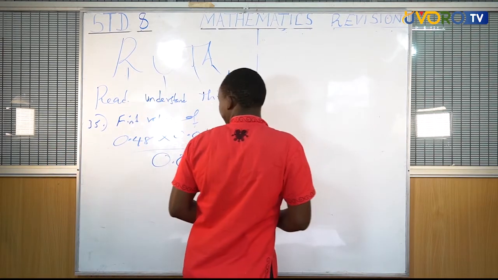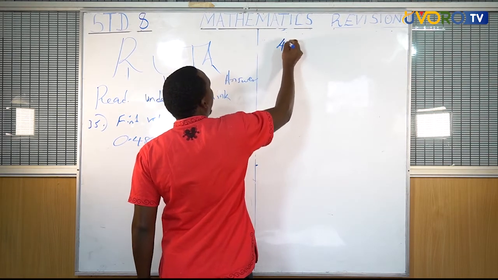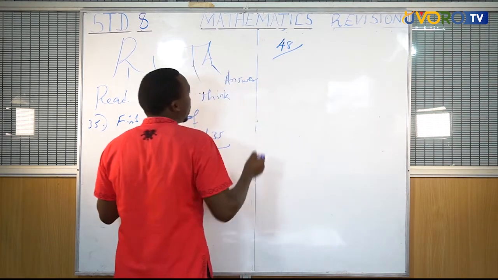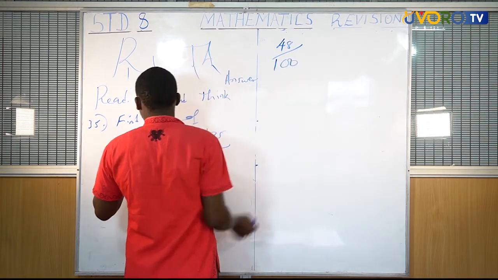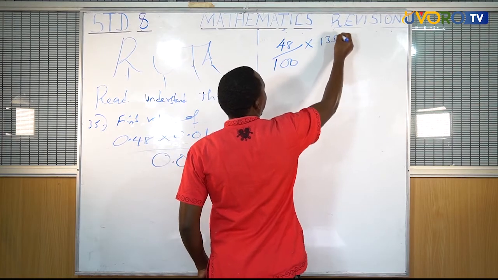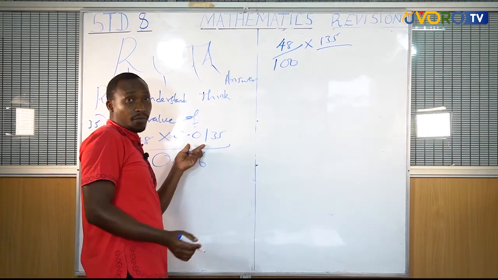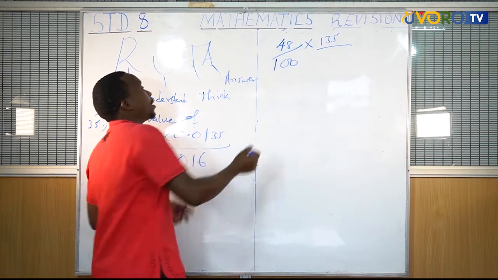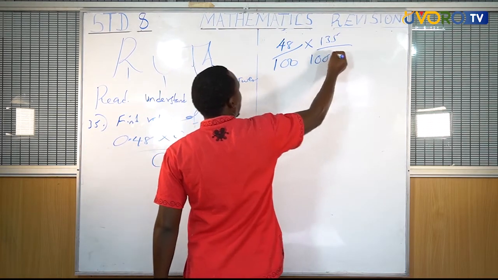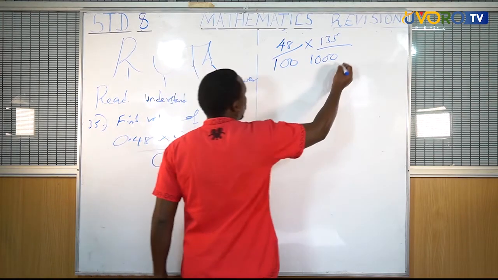Now, class 8, for understanding, put these numbers as fractions. 48 over 100 times 135 over what? Over 1,000? No, over 10,000.